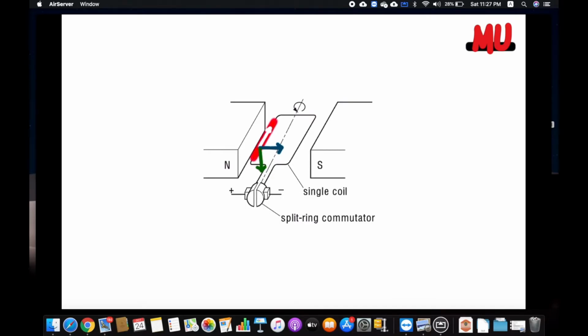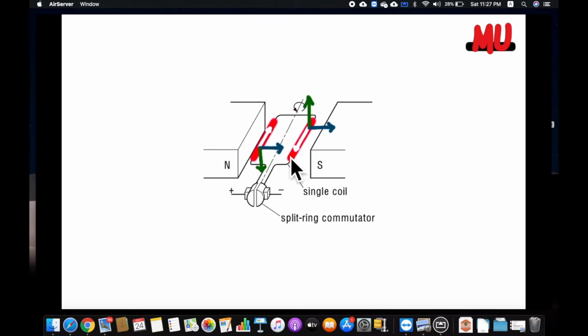The current flows around the loop, and at this portion of the loop, let me highlight this, the conventional current should be directed this way, and the field is also in this direction. These two directions tell us that the force experienced by the wire here should be in this direction, upward, opposite to the force acting on the other part of the wire.